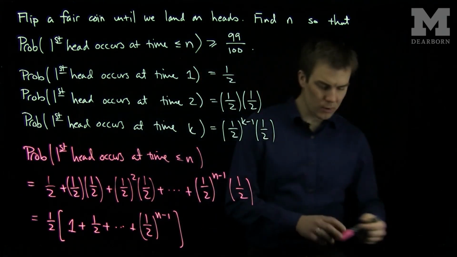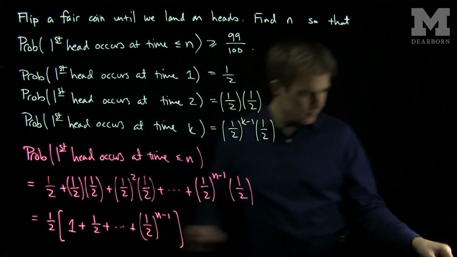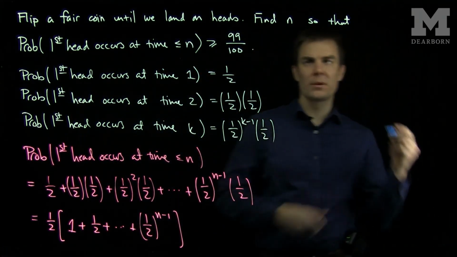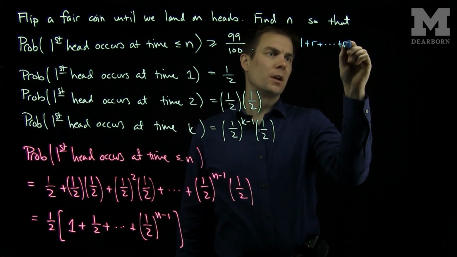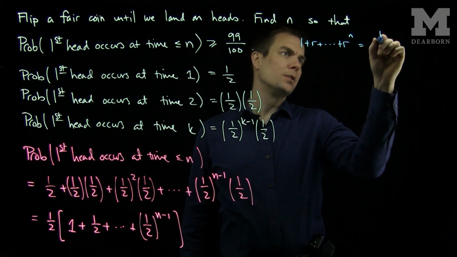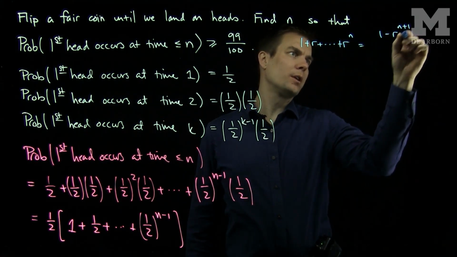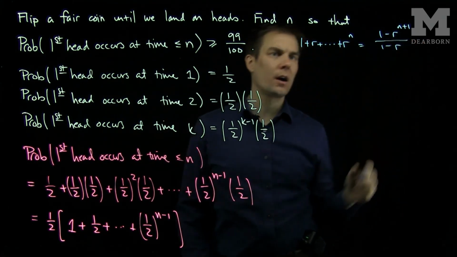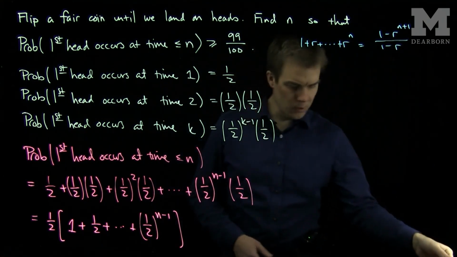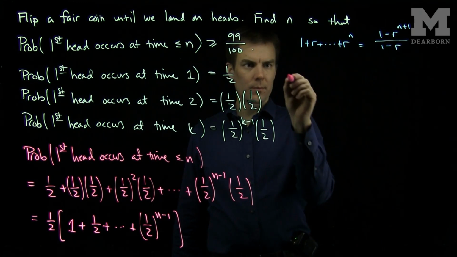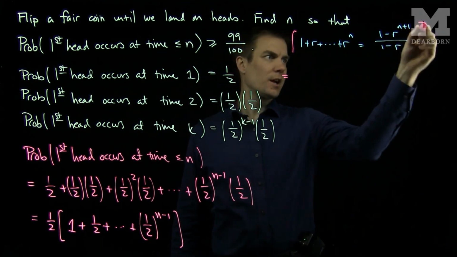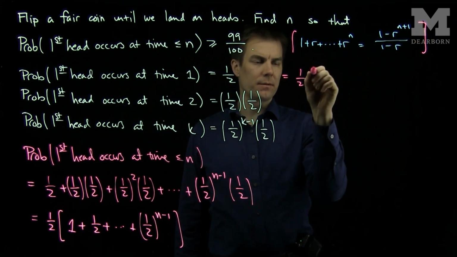Now at this point we should remember our geometric sum formula. Our geometric sum formula is 1 plus r plus all the way up to r to the n is 1 minus r to the n plus 1 over 1 minus r. So we can use this formula over here. Doing this, we'll have a, that's just our side note, 1/2.